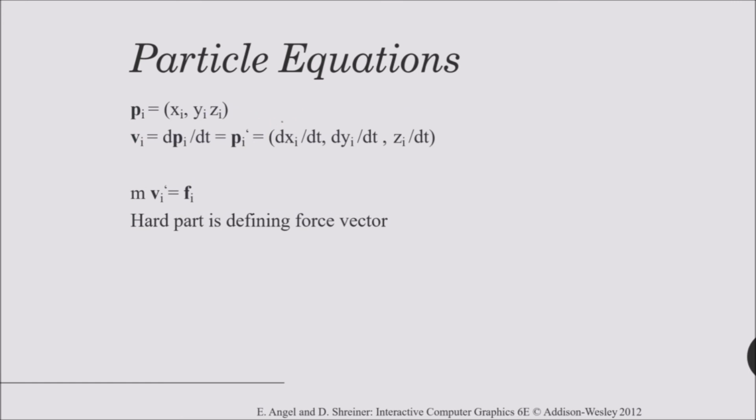So this is another one, the equations for the particles. Obviously there has to be a comma here, which we're going to talk about. The x, y, and z position of each particle, and the change of velocity is nothing but the position over time.